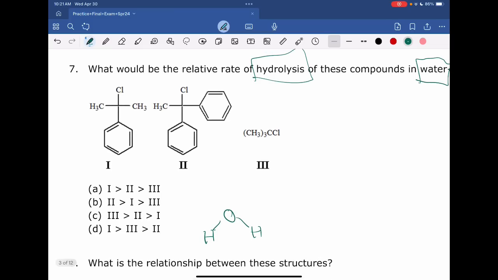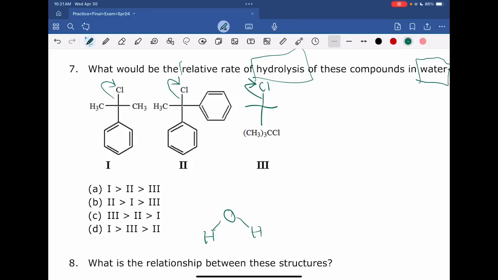Now, water is not a very strong reagent. It can't just attack anything in here unless we form a carbocation. Cl has to leave in all of these for something to happen. And this is going to be the limiting step of the reaction.